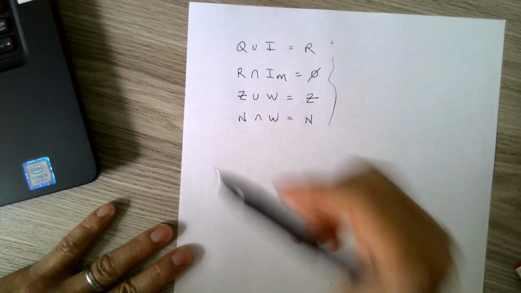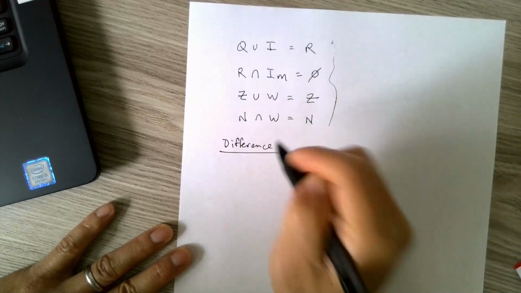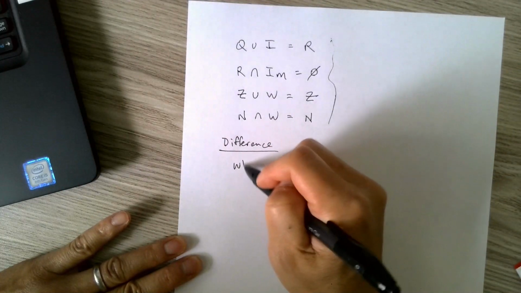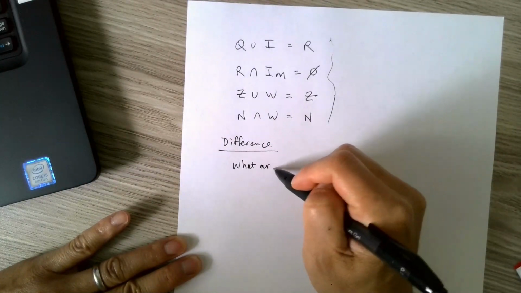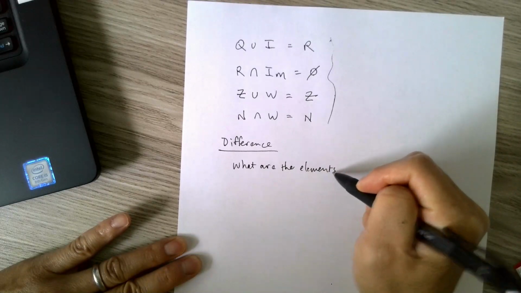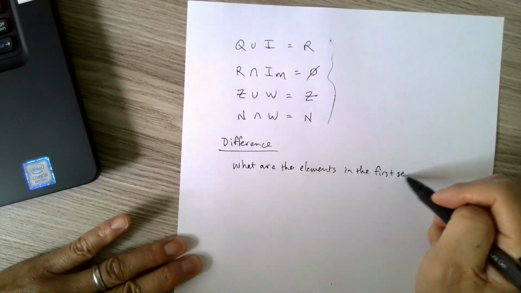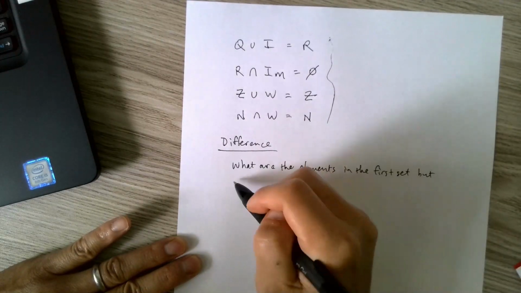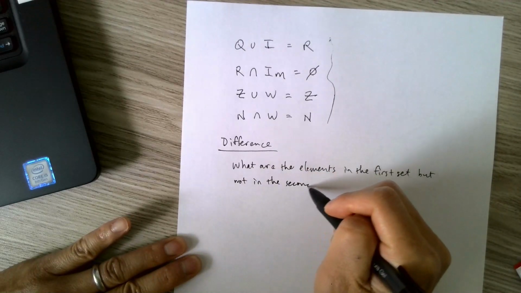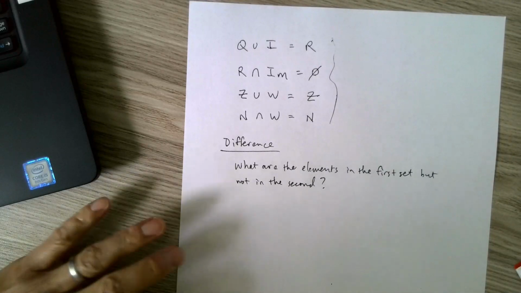I'm going to move on to the next operation, which is the difference operation. You can think of this as the answer to the question, what are the elements in the first set but not in the second? What are the elements in the first set but not in the second?